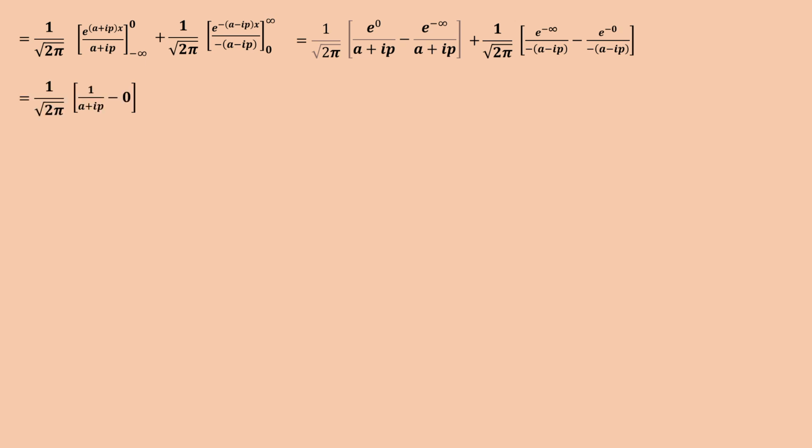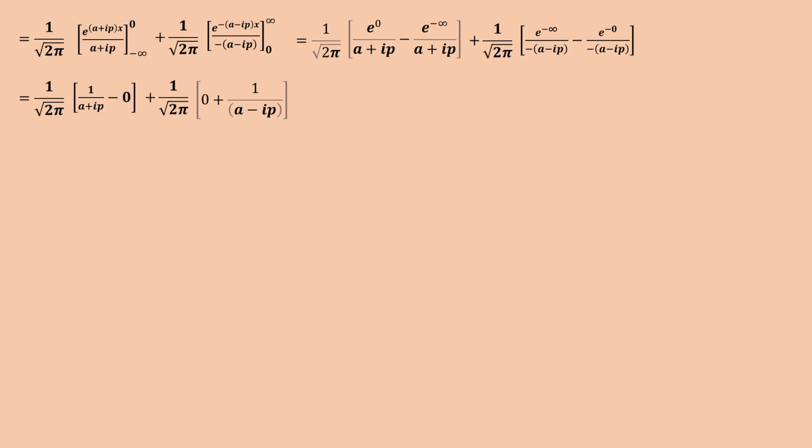That is equal to 1 by root 2 pi. Substituting the upper limit, e^0 by (a+ip) minus e^(-infinity) by (a+ip), plus 1 by root 2 pi, e^(-infinity) by -(a-ip) minus the lower limit e^(-0) by -(a-ip). So e^0 is 1, giving 1 by (a+ip), and e^(-infinity) is 0. In the second one, the first term e^(-infinity) is 0, and e^(-0) is also 1.